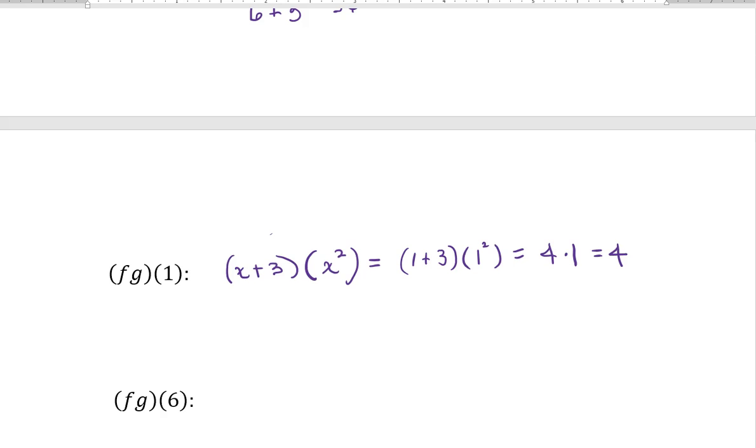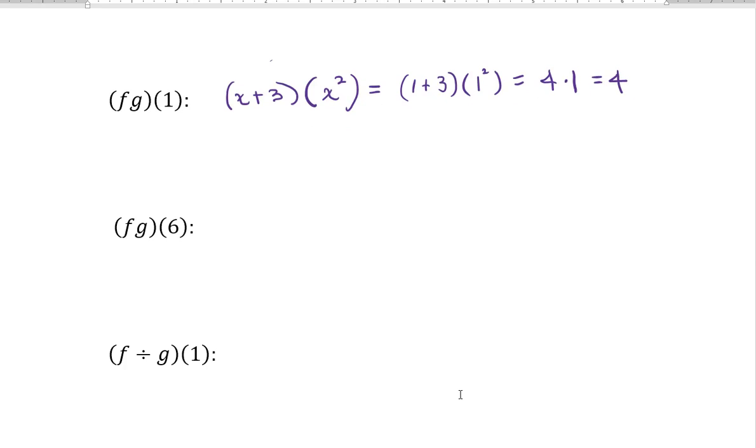Similar process for our 6. I'm going to have a 6 plus 3, and I'm going to have a 6 squared. So I'm going to have a 9 times 36. I think if I've done this right, it's going to be 315, but let me quickly double check.